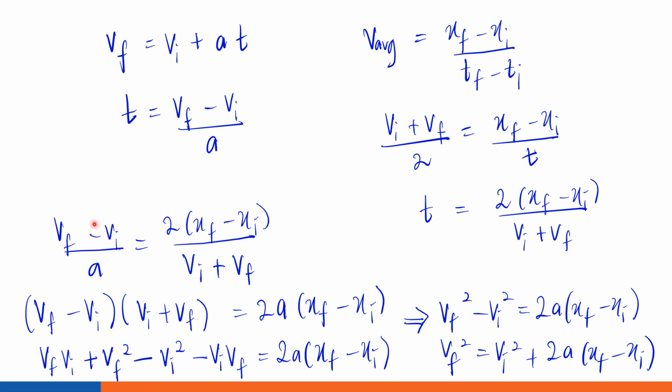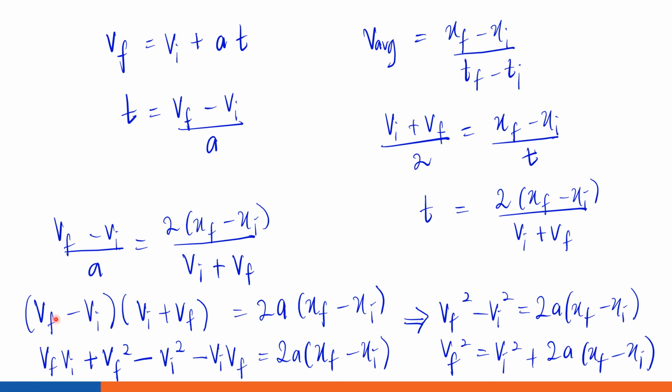Afterward, I'm going to cross multiply this expression. So what you're going to be seeing is a multiplied with 2 multiplied with x final minus x initial. We're going to have this form, and then I'm going to multiply Vf minus Vi with Vi plus Vf. So this one, you have to multiply one by one. We have here Vf multiplied with Vi, which is going to give us VfVi.